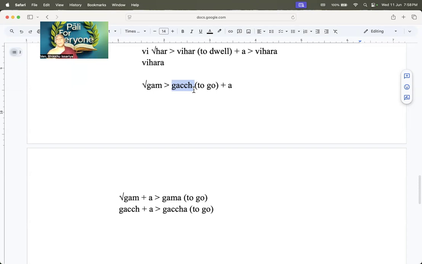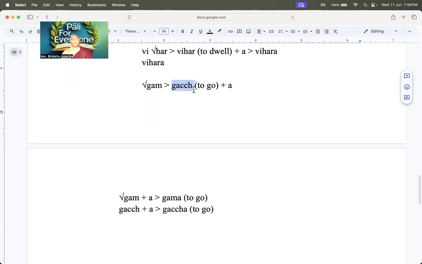At that time, which tense gamma is always used, which mood gaccha is always used, we don't need to know like that.